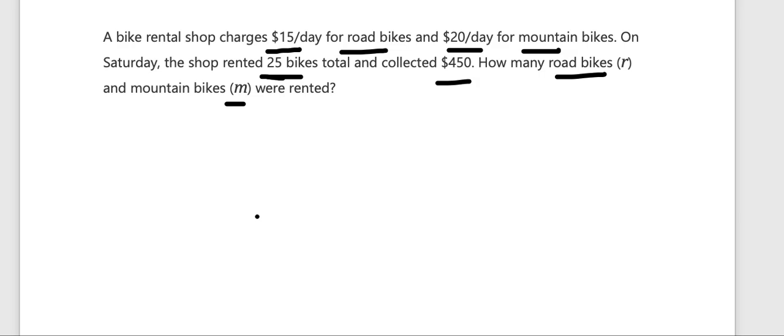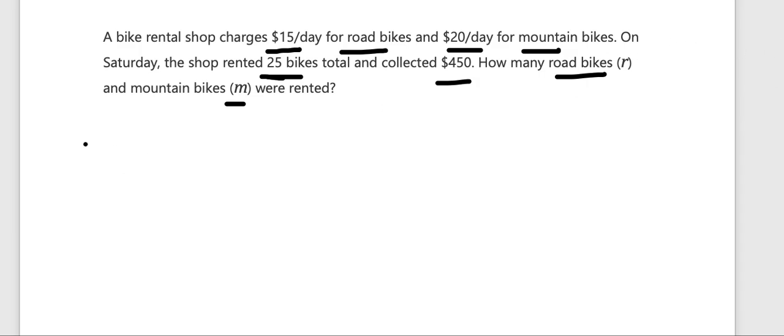Whenever they give you a system of equations and you have to solve it, first you need to write two equations for two variables. One equation is going to be the amount of money, and the other equation is going to be the amount of bikes. Okay, so let's start.